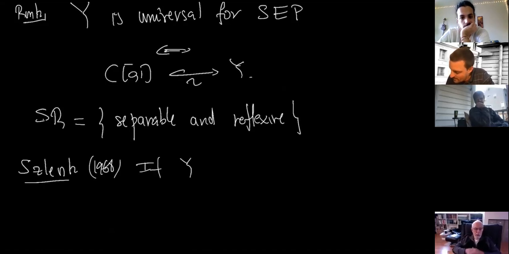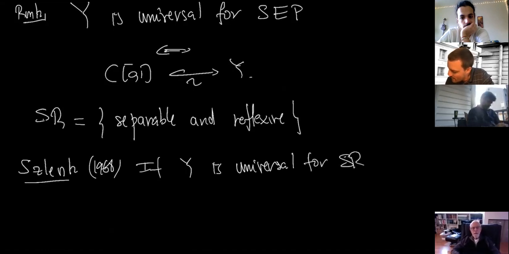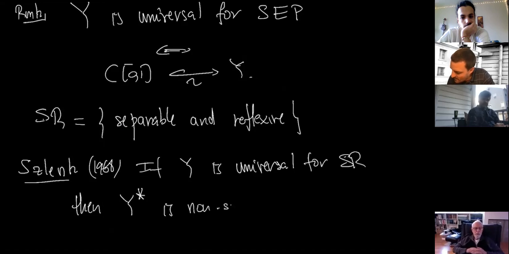It says that if Y is universal for the class of separable and reflexive Banach spaces, then the dual of Y has to be non-separable.